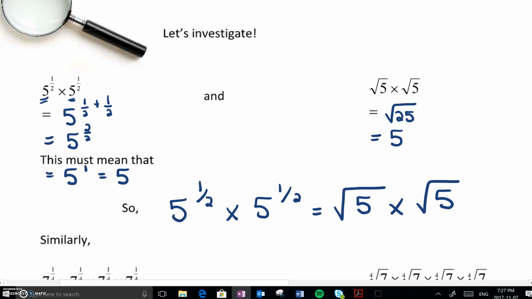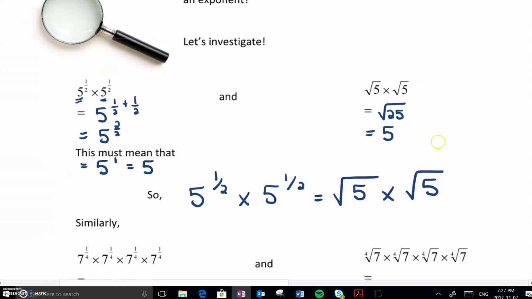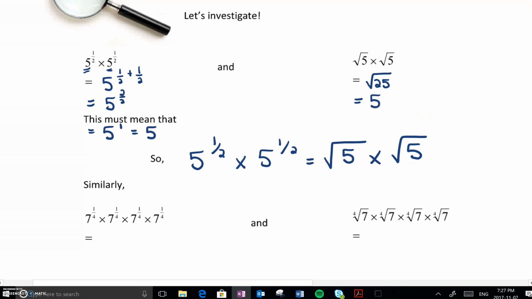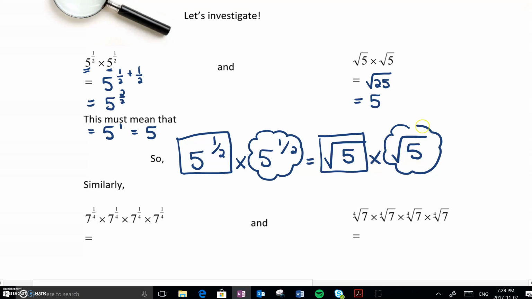So essentially what you're looking for here is to know that if these two things are equal, it must mean that the first part is equal to the first part here, and the second part is equal to the second part here, which means, therefore, that 5 to the power of 1 over 2 is equal to the square root of 5.